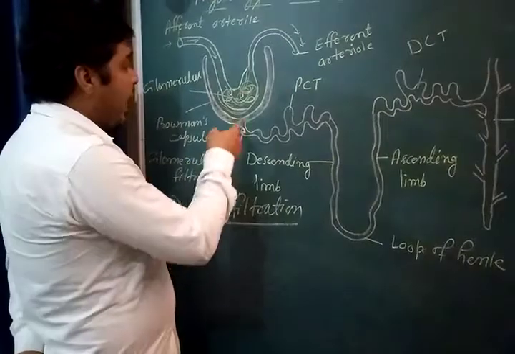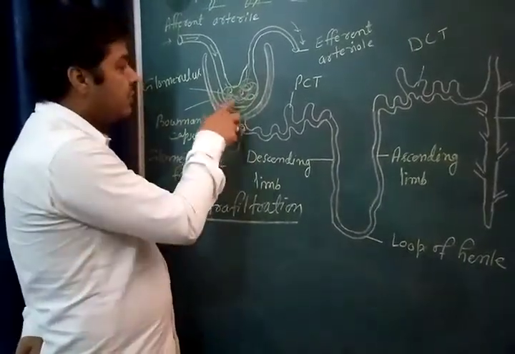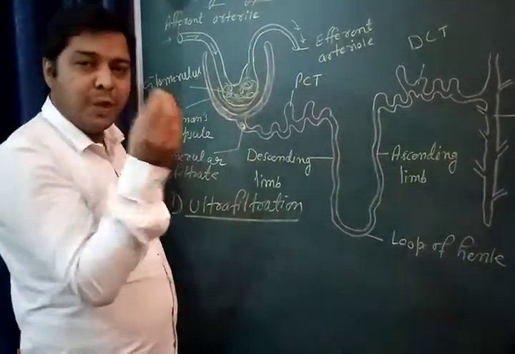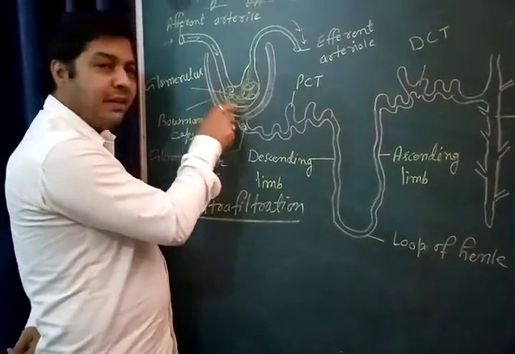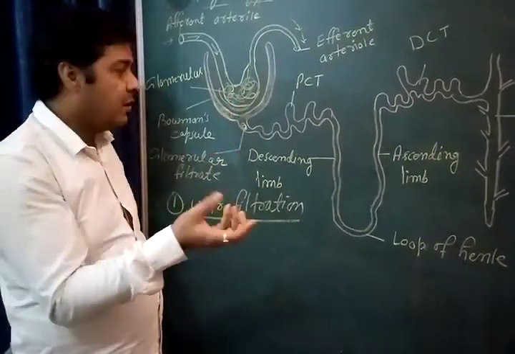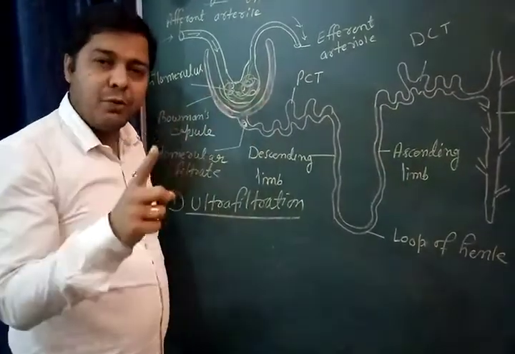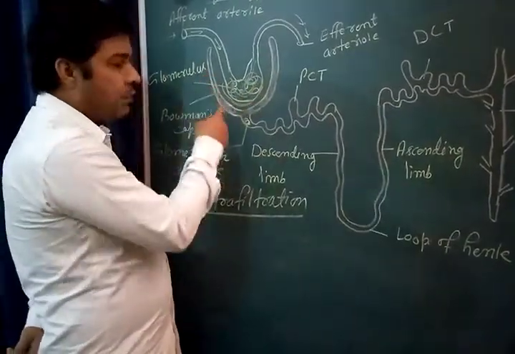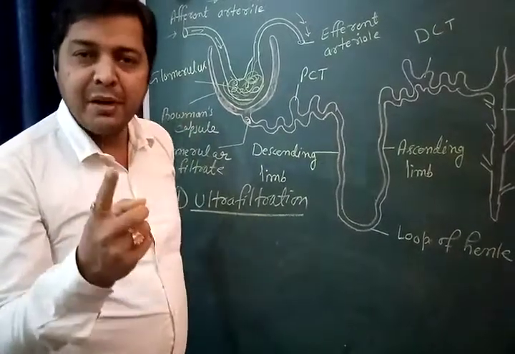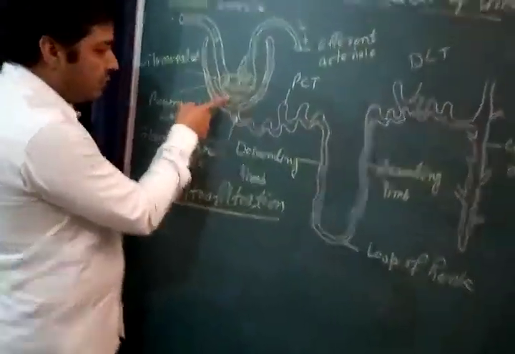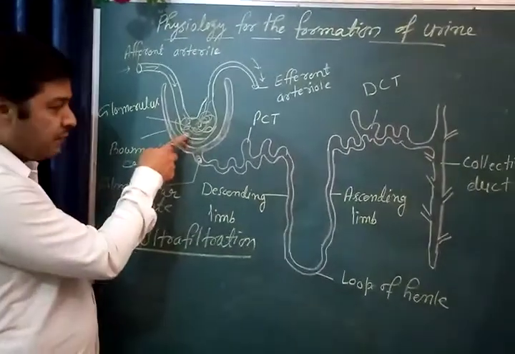Clear? And because of that pressure, some substances from the blood in the glomerulus start filtering through the wall of the Bowman's capsule. I have told you the wall of Bowman's capsule is very thin and permeable in nature. So some amount of substances filter.